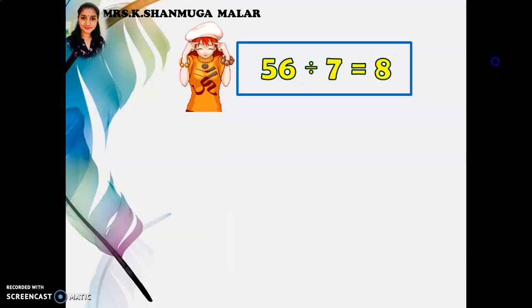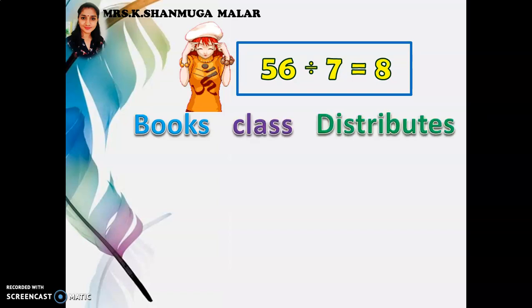56 divided by 7 is equals to 8. When you create a story, you can use any relevant things to understand better. So for this question, teacher is using books, class, distributes, and also equally.